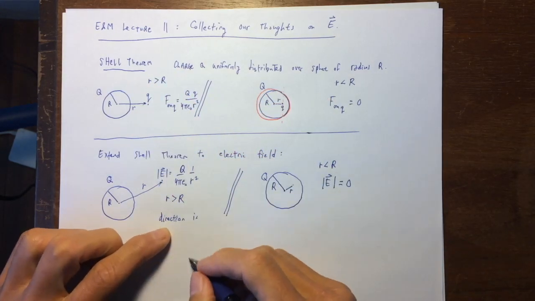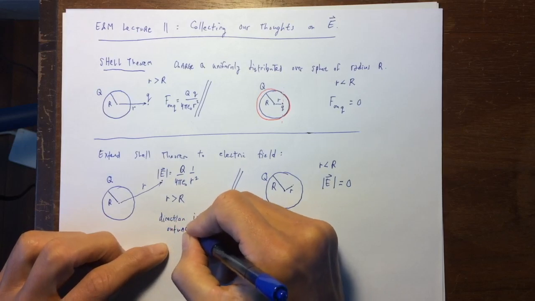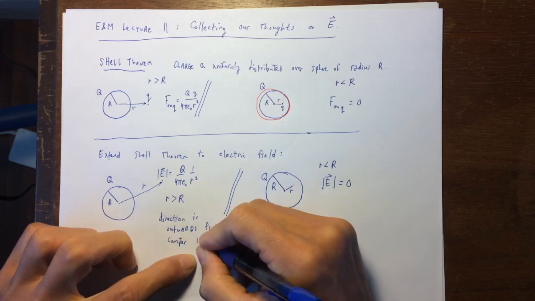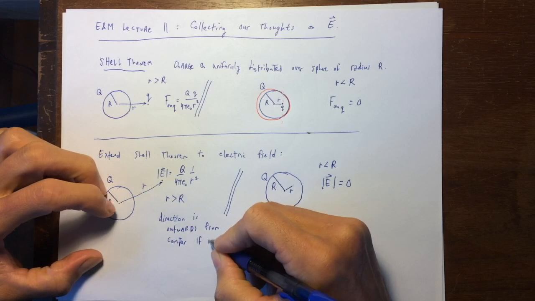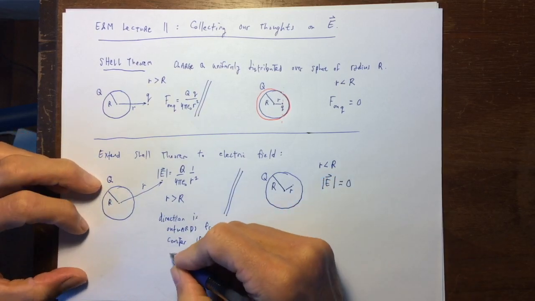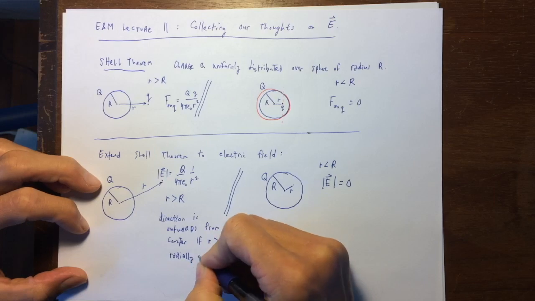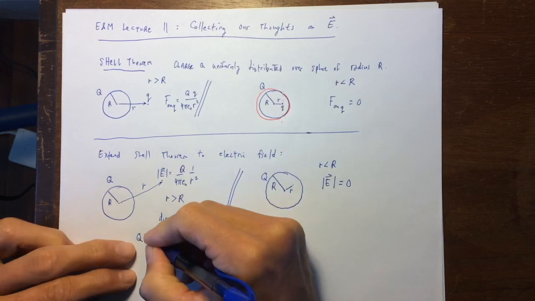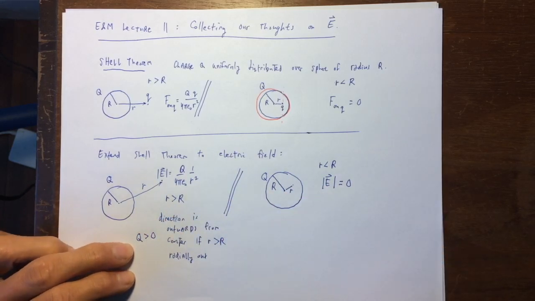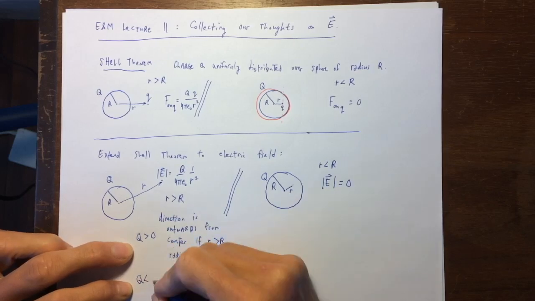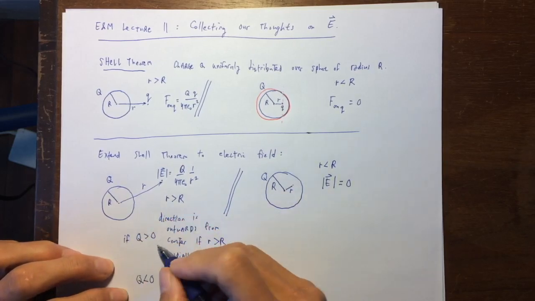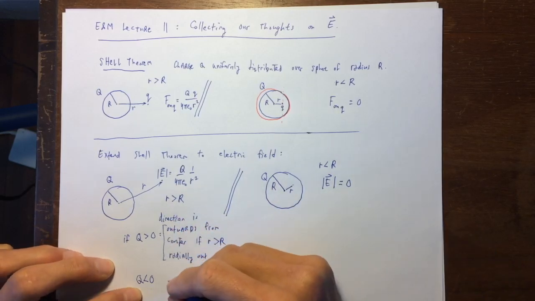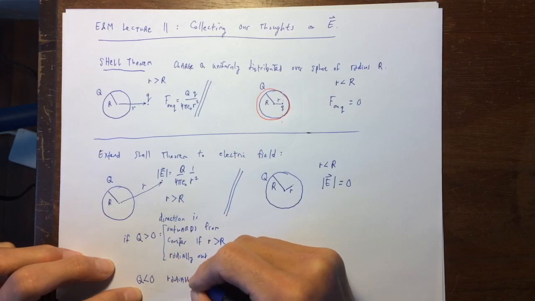So the direction is outwards from center if little r is bigger than R. This is also known as radially out, but only if the charge capital Q is positive. If the charge capital Q is negative, it's instead radially in.